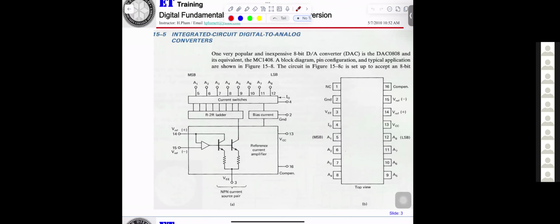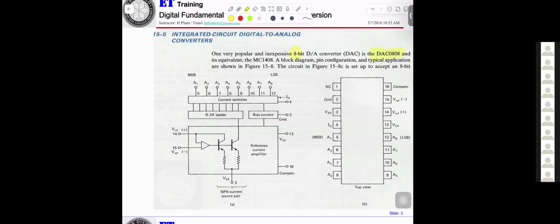Now, this is the real one. We will be working on it in the lab. One very popular and inexpensive 8-bit DA converter is the 808, and its equivalent, the MC1408.